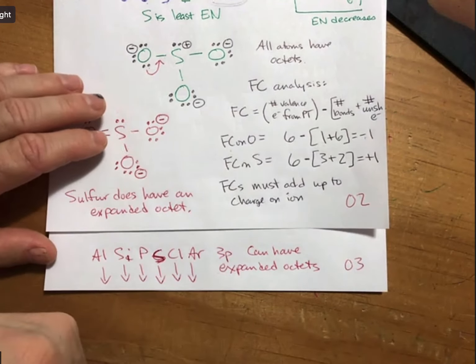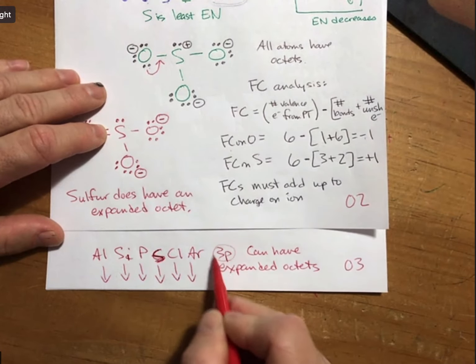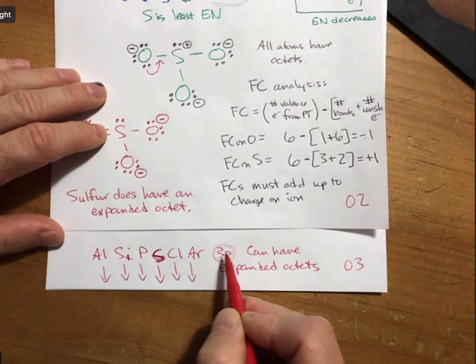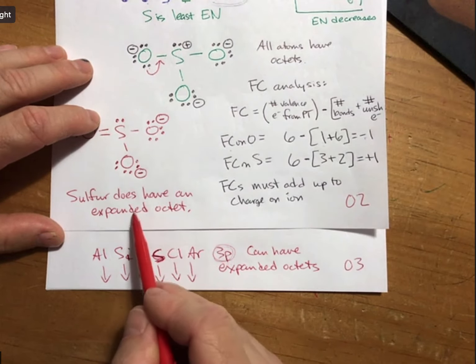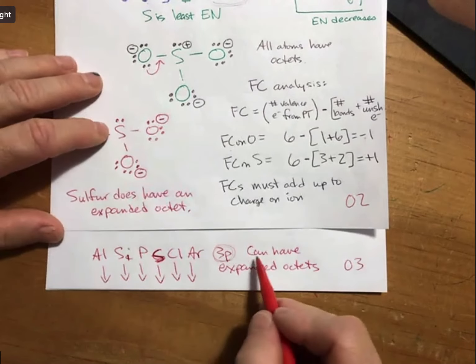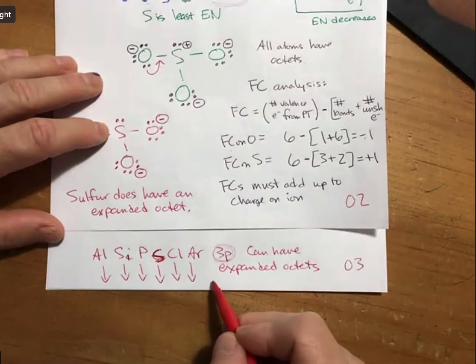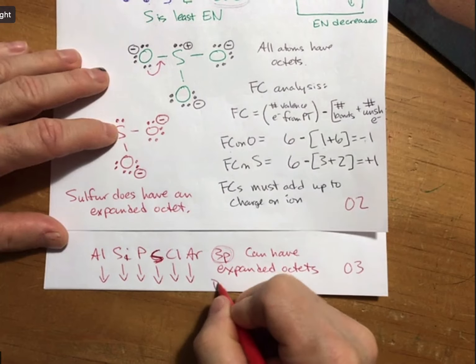And the reason they can have expanded octets is since they have electrons in their 3p sublevel, they can store any extra electrons in their expanded octets in the 3d sublevel. So 3p can have expanded octets by putting extra electrons into 3d.